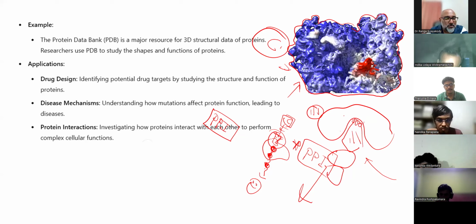Then you analyze all of these and see what regions of these proteins interact with other proteins, and try to identify and generalize these patterns.